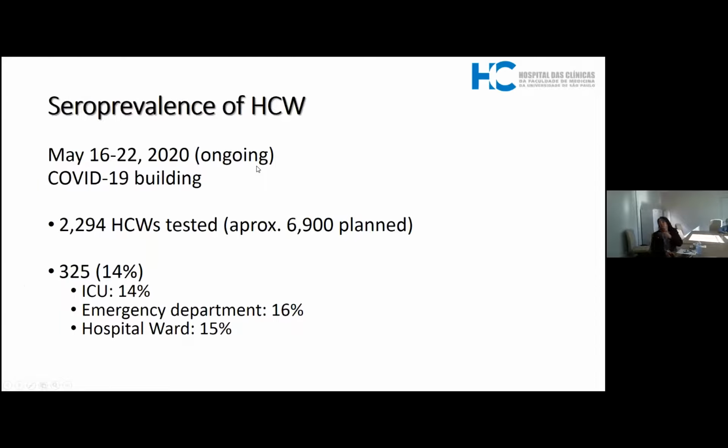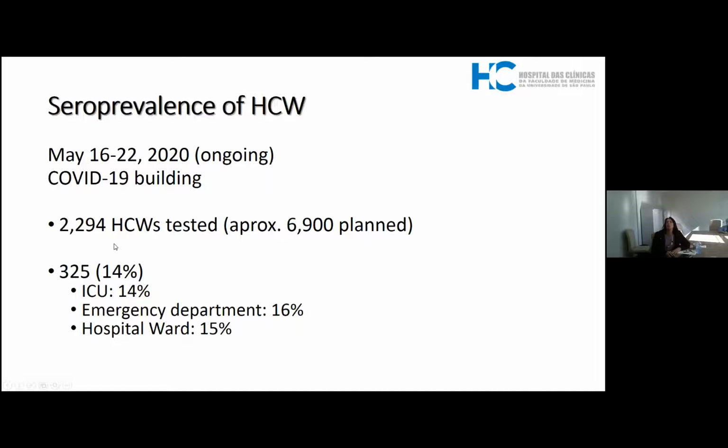The second issue I want to mention is seroprevalence. So starting this month, especially because the healthcare workers have really demanded this, we started doing serology for the healthcare workers. We started with basically the COVID building. We planned to do 6,900 serologies of healthcare workers, and we've done up to the moment 2,000, 2,500.